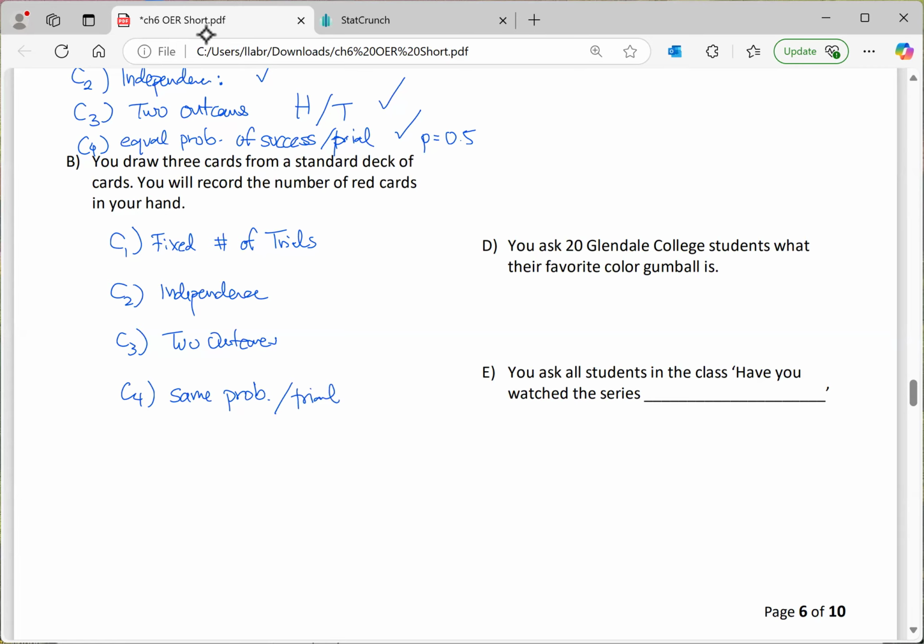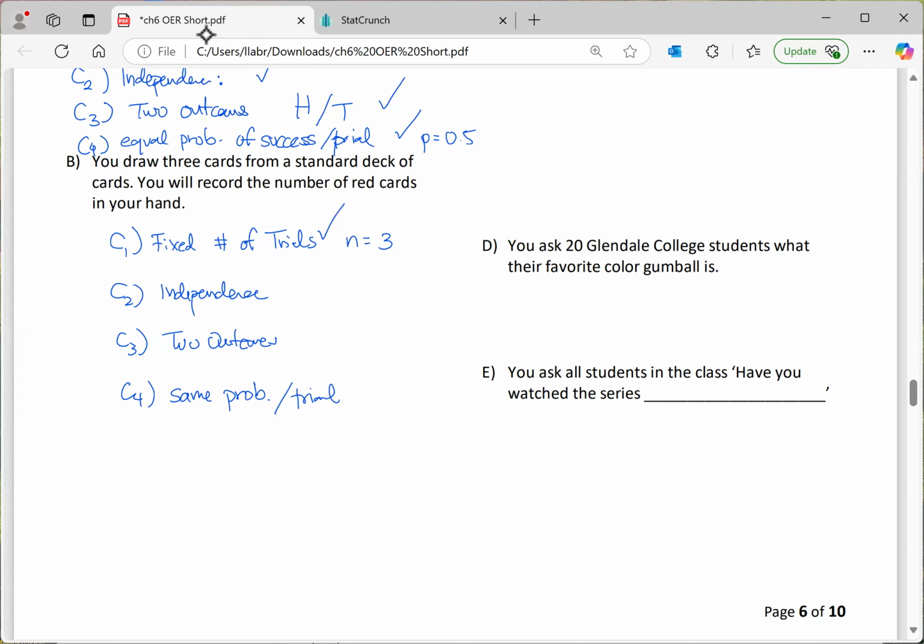All right, so hopefully the first one you went ahead and already recognized that, yeah, this thing here that you're doing, you're going to record the number of red cards in your hand. You're going to draw 3 of them. So that tells you that, yeah, you're doing this 3 times.